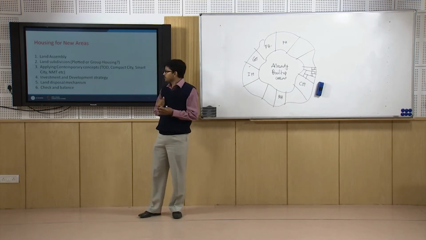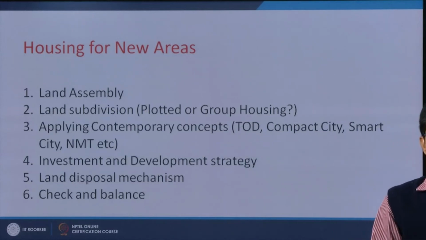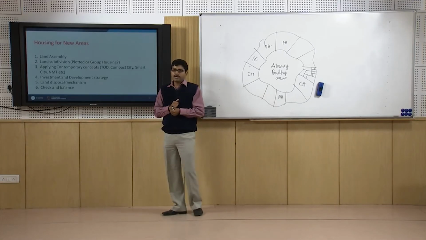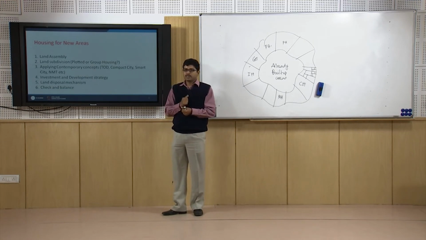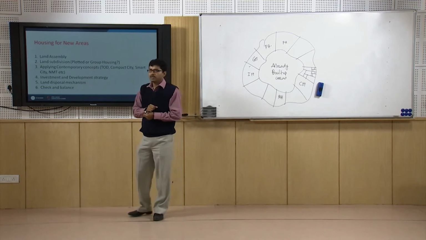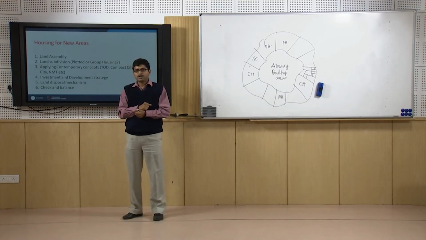Another approach could be that you call an open tender or bidding for the land, and whoever is the highest bidder, you allot the land to the highest bidder. Usually the bigger land or commercial land, where major investment is possible and private developers are involved, is given through bidding and open tendering.